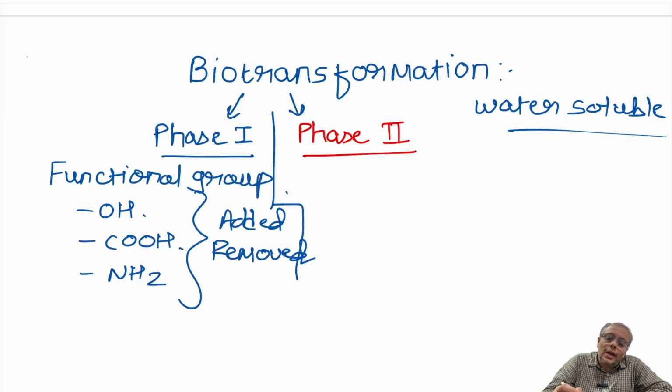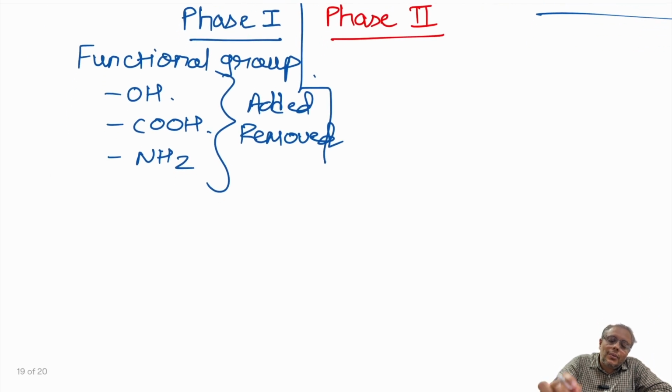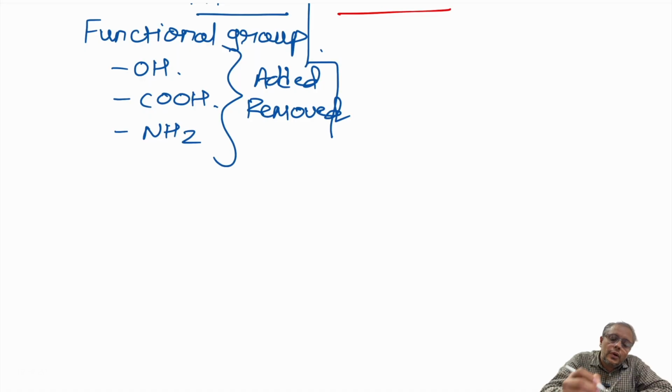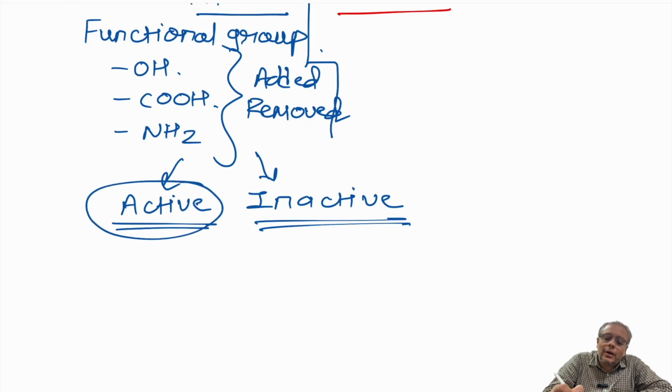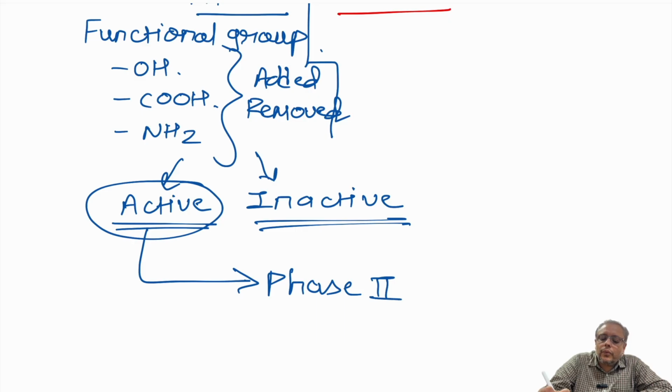Okay, fine. Now what is the net result of the phase 1 biotransformation reaction? The drugs, they may become active or inactive. So at the end of the phase 1 reaction, the metabolites remain either active or inactive, and those which remain active enter into the phase 2 reactions.